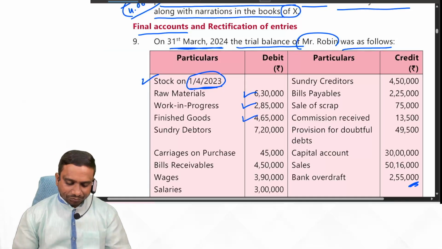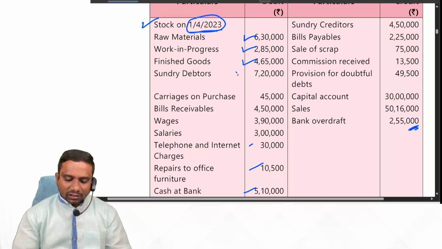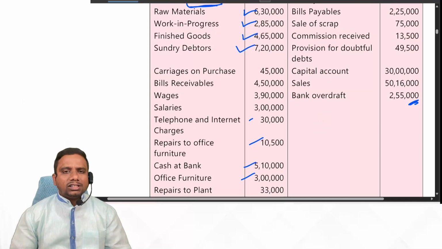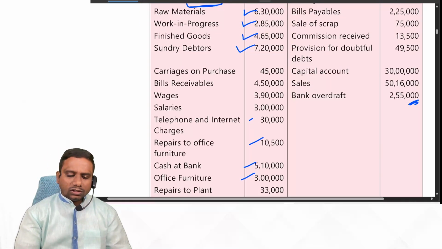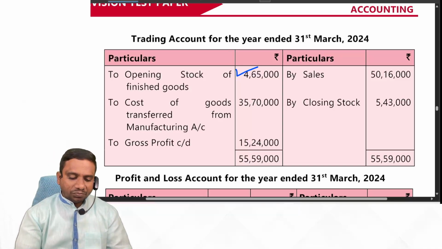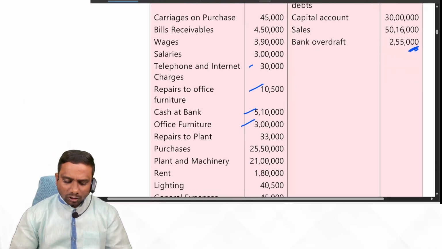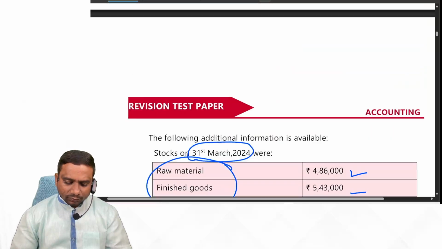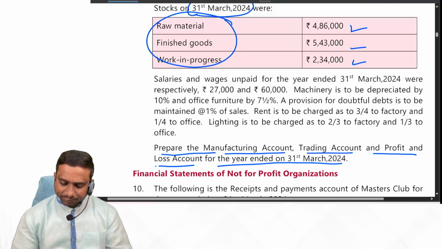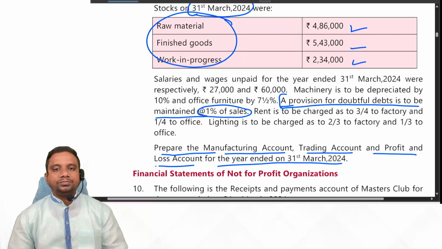Next, they have given sundry debtors. Identify if you have any adjustment for sundry debtors. Sundry debtors anyway we have to show on the asset side of balance sheet. But here, we have an adjustment of provision: a provision for doubtful debts is to be maintained at 1% of sales.